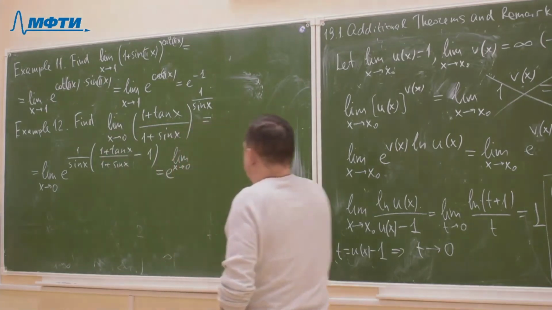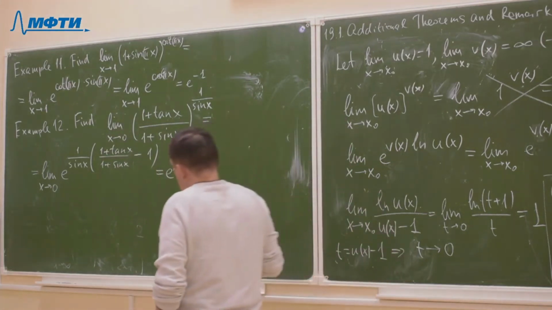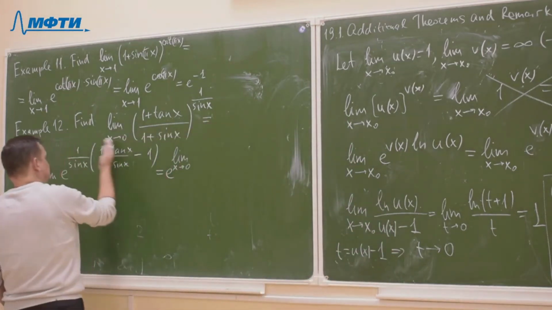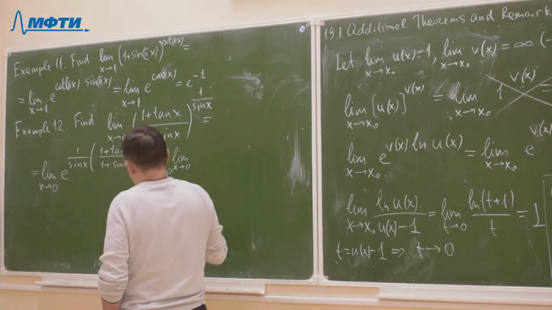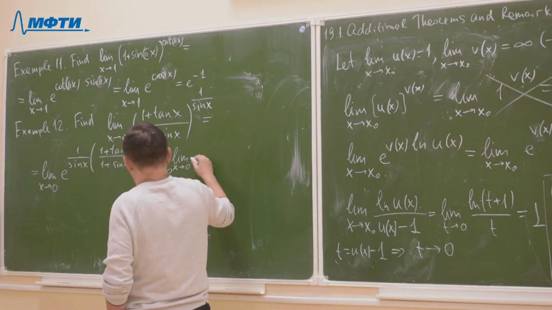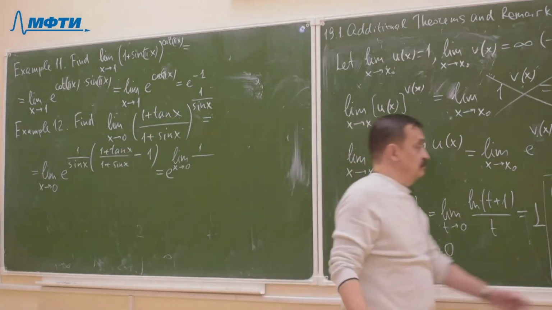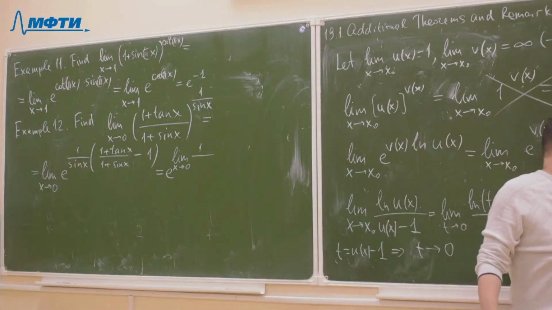Why do I avoid it in general? Because we cannot exclude infinite limits here, and that is why I would prefer to use in general the form like that, not e to the power of the limit.